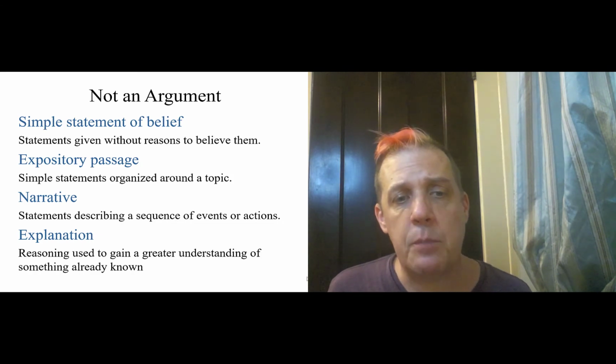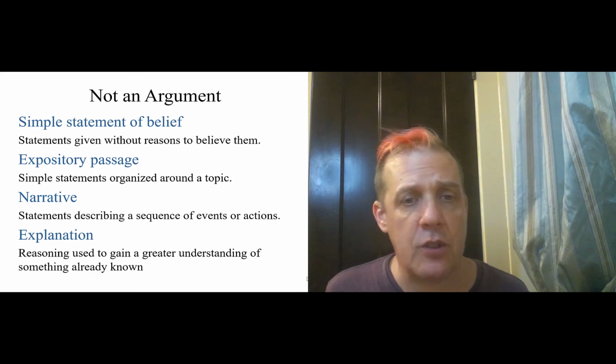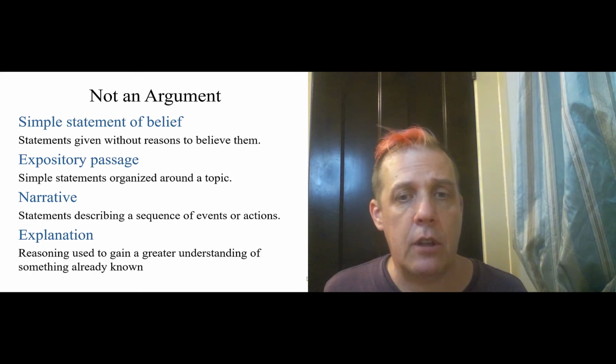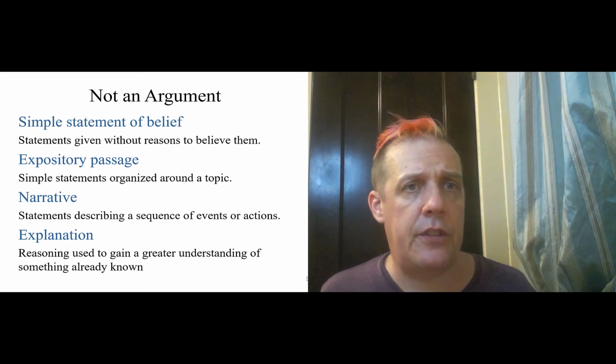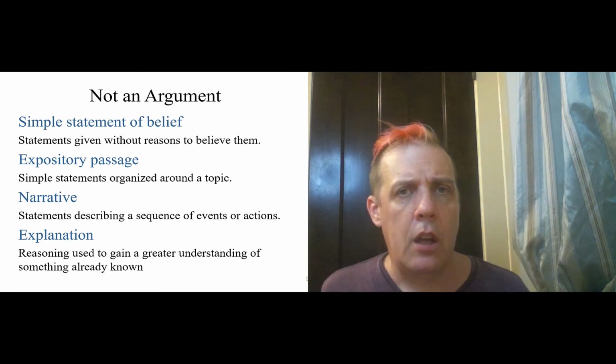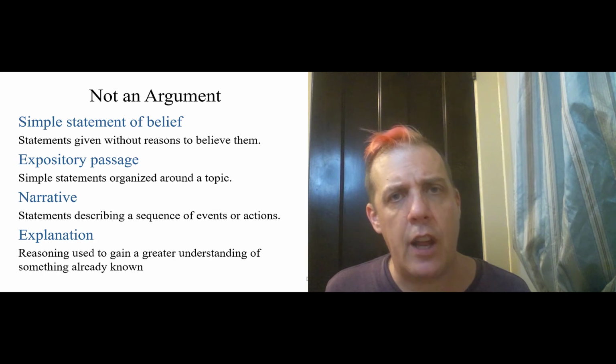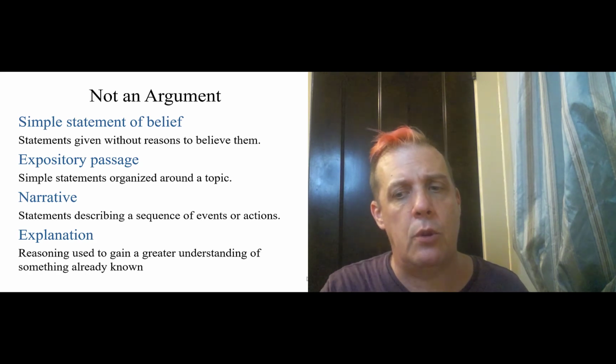The last one is explanation. Explanations have the same format as arguments. However, their goal is not to convince an audience of a statement. They are working on statements that the audience already believes, and we're trying to understand them deeper by understanding why they are true.